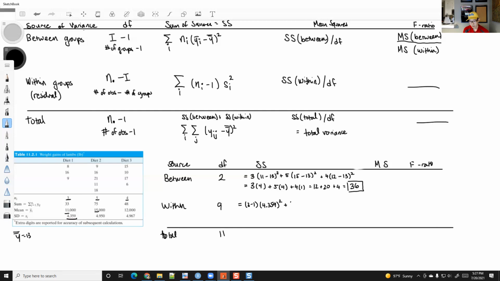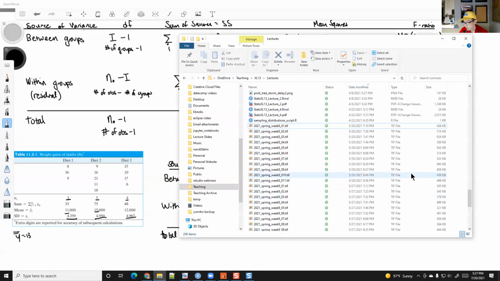We've got 5 minus 1 squared times the standard deviation, 4.950 squared, right? And then the last group, 4 minus 1 times 4.967 squared. Let me go ahead and pull up my calculator. We can punch all of this in.